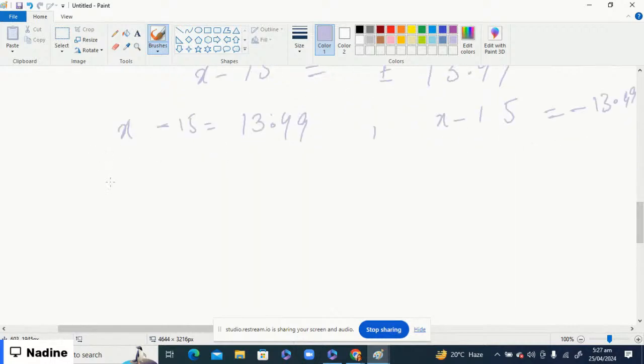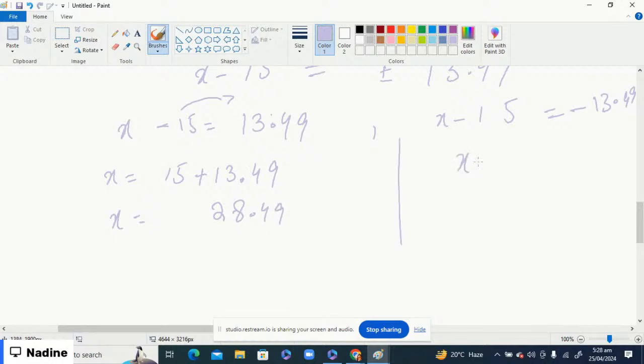Okay, when you are putting the negative sign, this 15 is moving here, it becomes plus 15, then plus 13.49. So x is equals to 15 plus 13.49, and when you add, you get the answer 28.49.